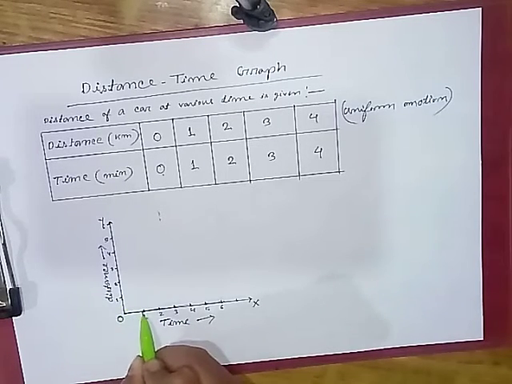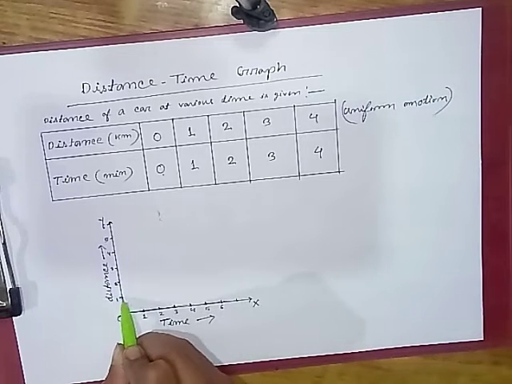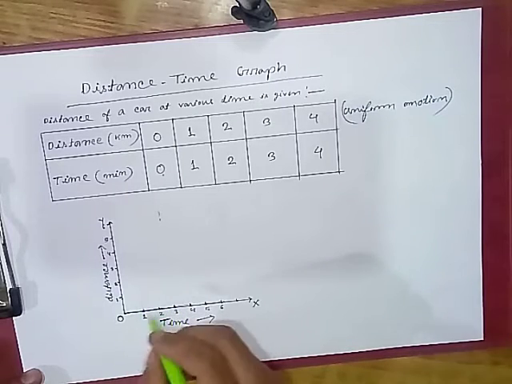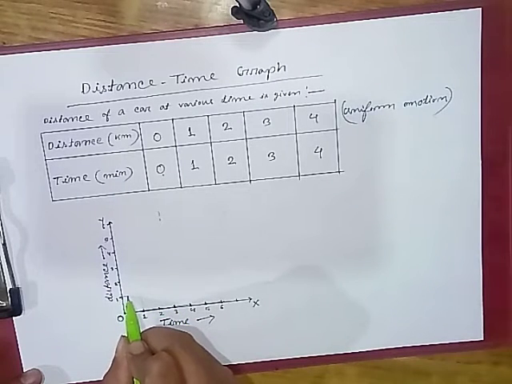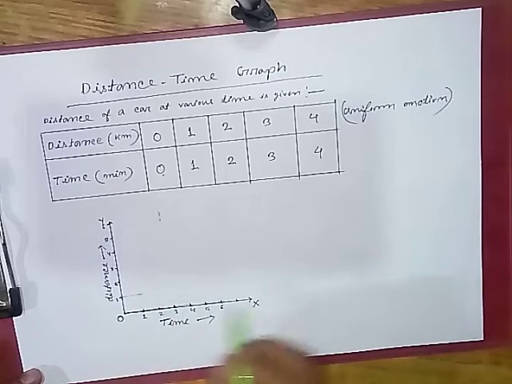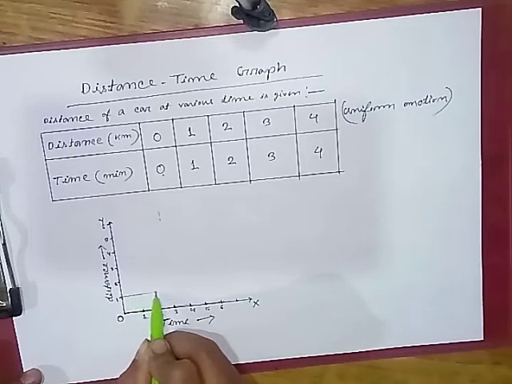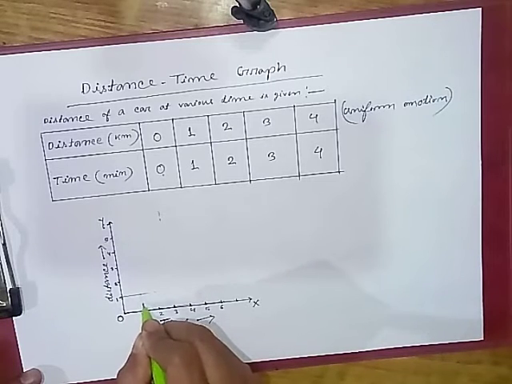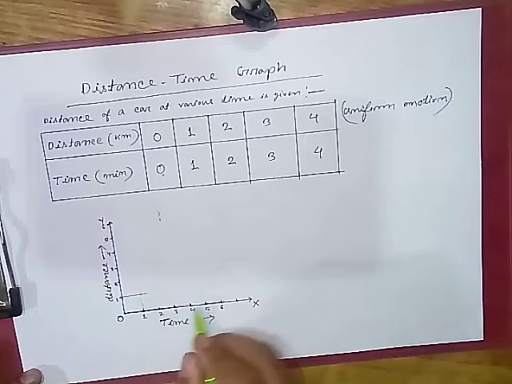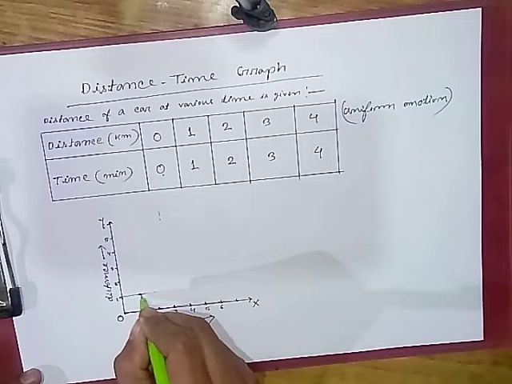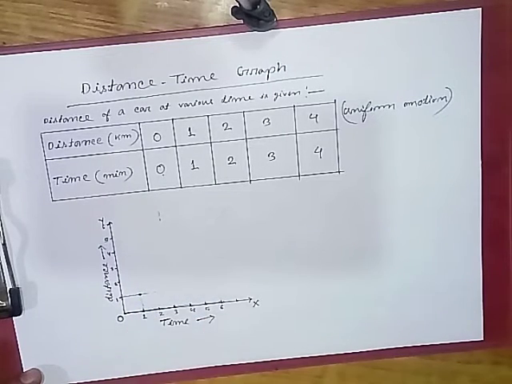Now extend this 1 minute and 1 kilometer like this. When you extend 1 kilometer and 1 minute, then it will intersect at a point. Okay, so draw a point here like this.